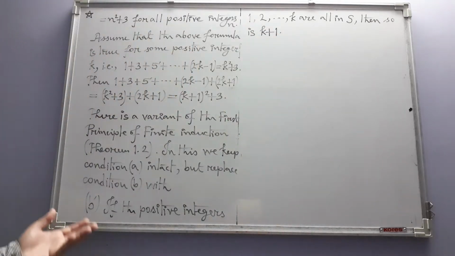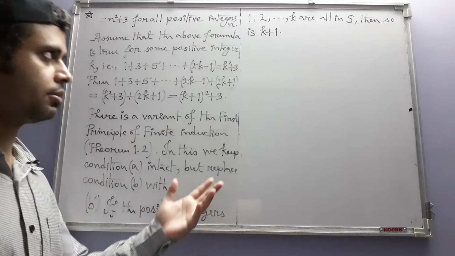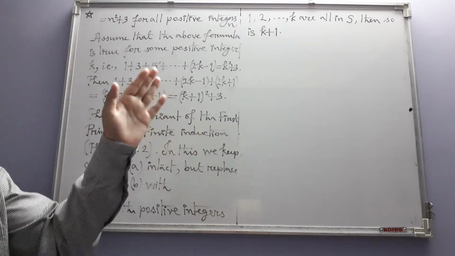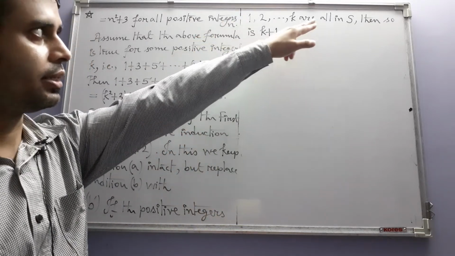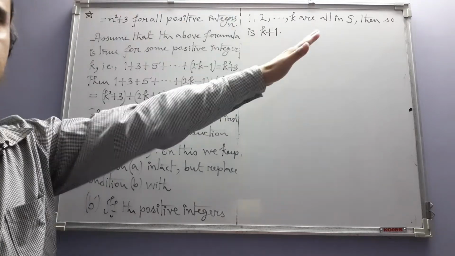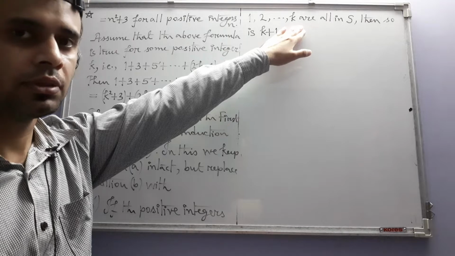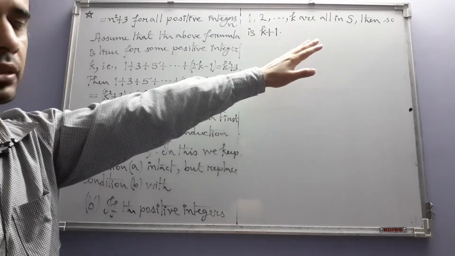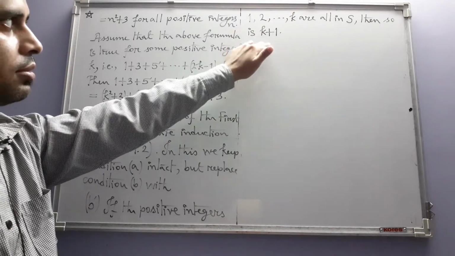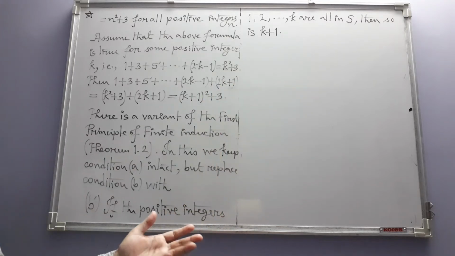So in this new condition we are not considering only the hypothesis that k is in S, but all positive integers starting from 1 all the way up to k, all of them are in S. If that happens, then k plus 1 is also in S.